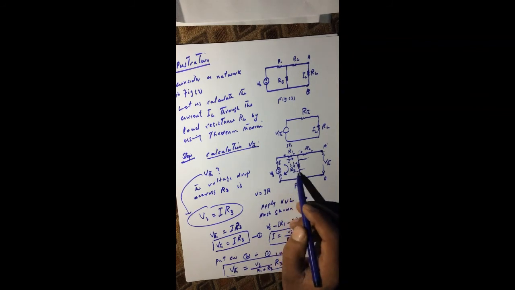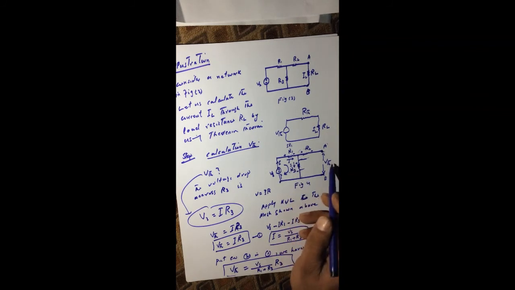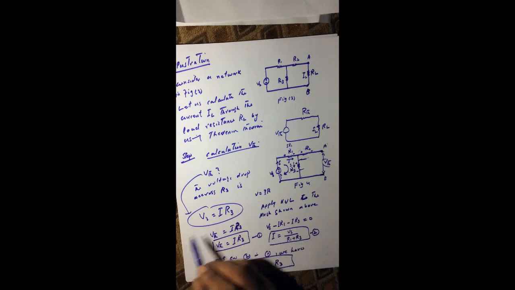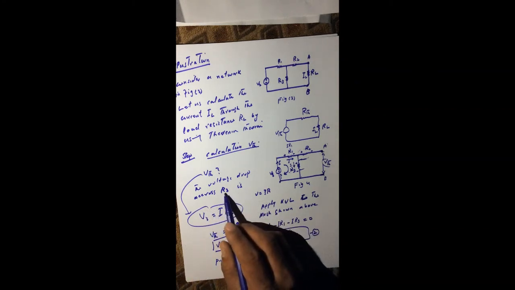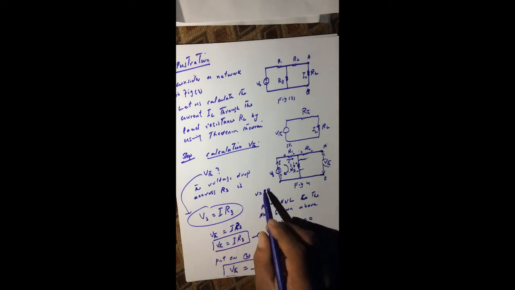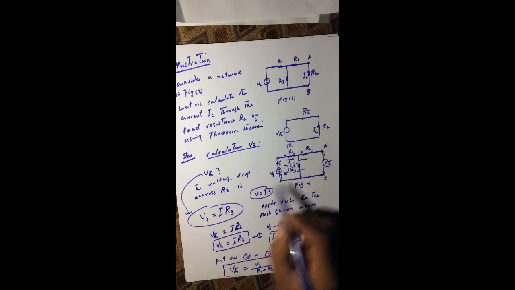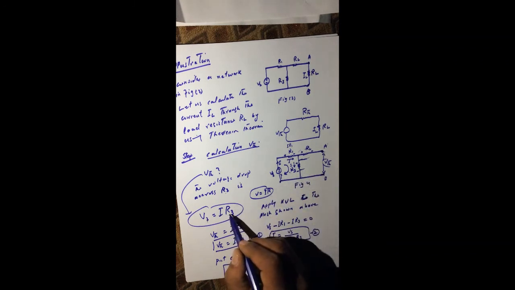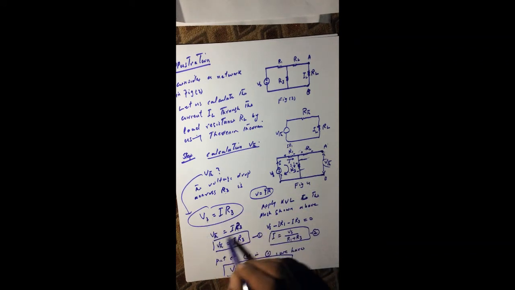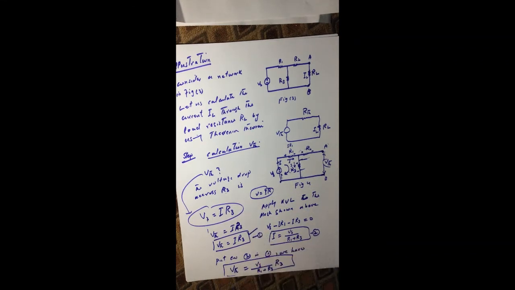So we have to calculate the voltage drop across this resistor. That will be this Thevenin voltage. According to Ohm's law, V3 is equal to the current flowing through the resistor, I, times the resistance R3. Now this will be the Thevenin voltage.